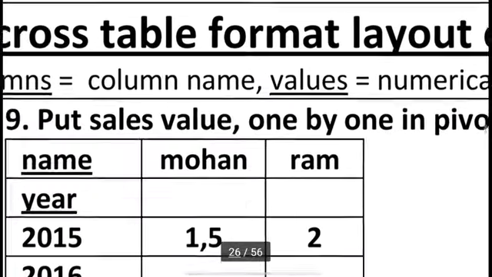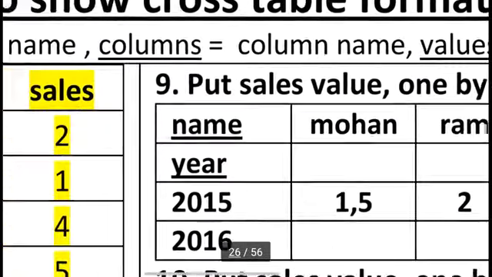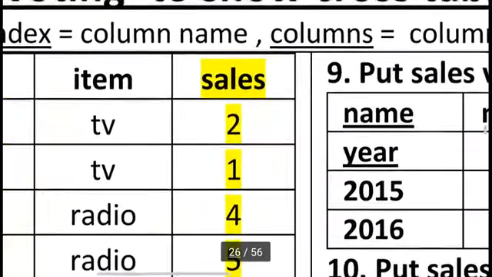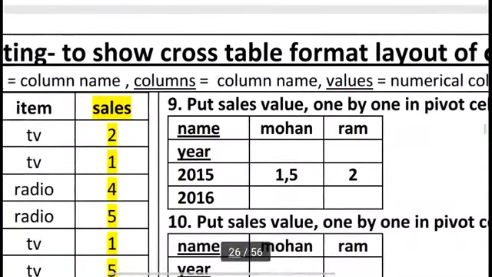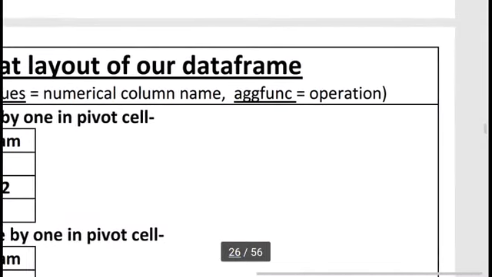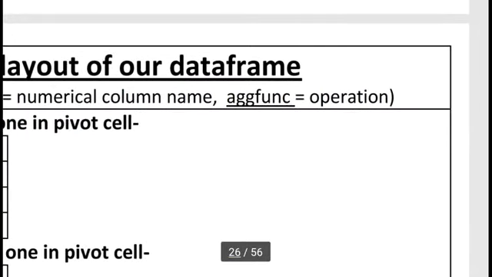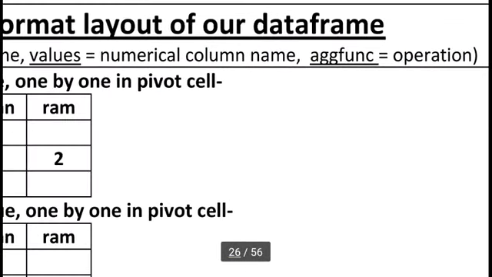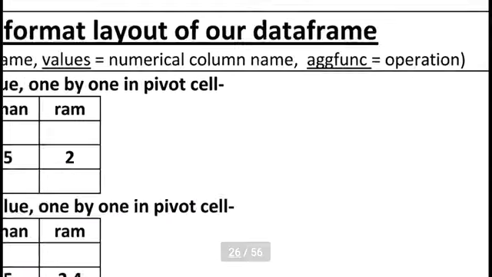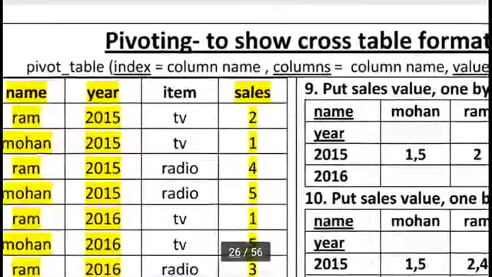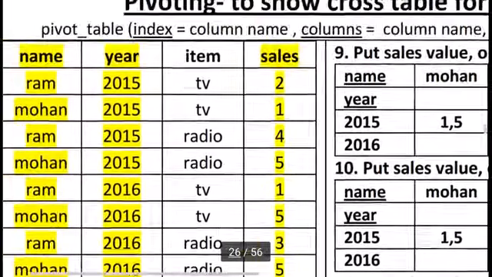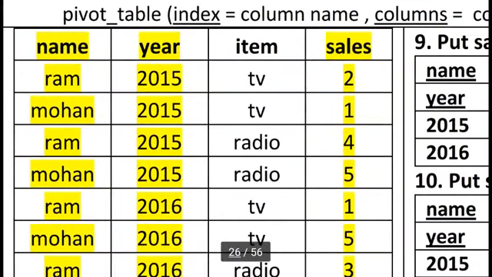And values means selecting a numerical column in this table for our analysis, and which type of analysis I want, suppose sum, max, mean. So I will use the agg function method. This is a simple example.